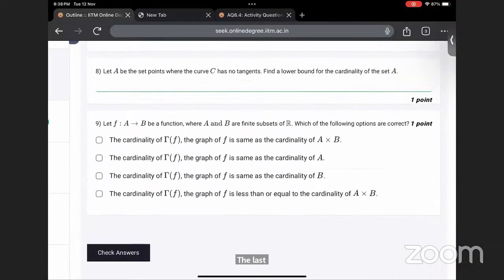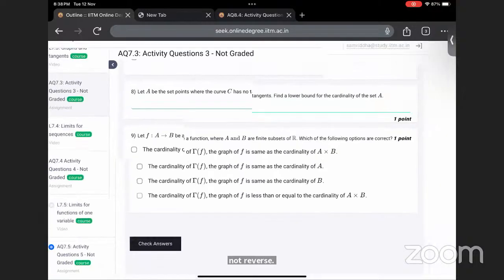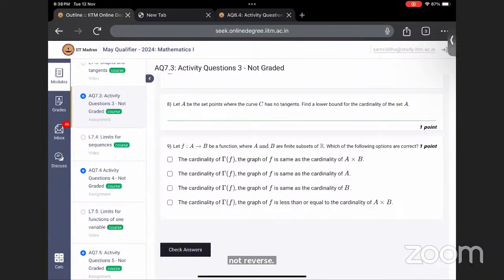It's a graph notation, right? This is a graph of the function, not reverse. Madam, I have not watched the lecture videos, so maybe that symbol is explained in the lecture videos. Yes, I have explained it. Okay.